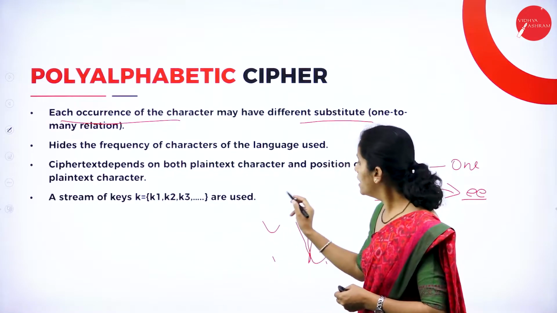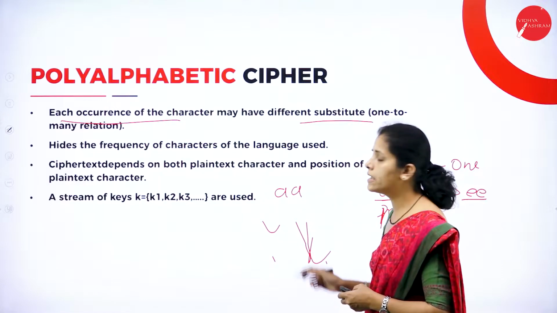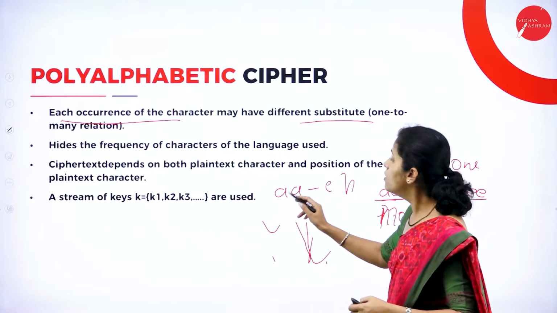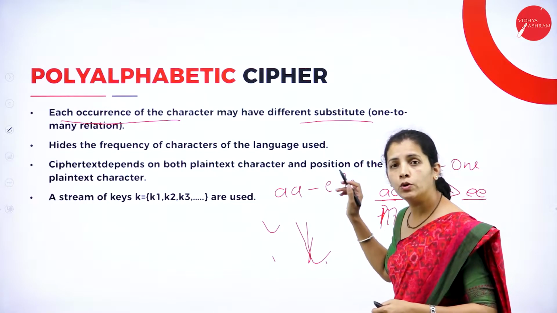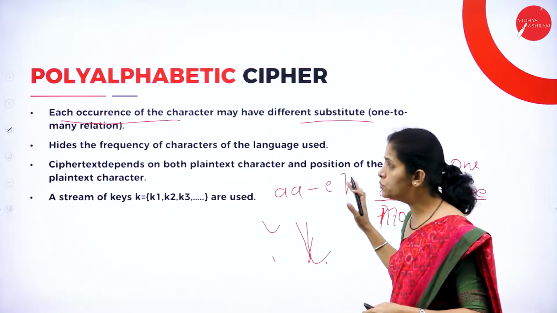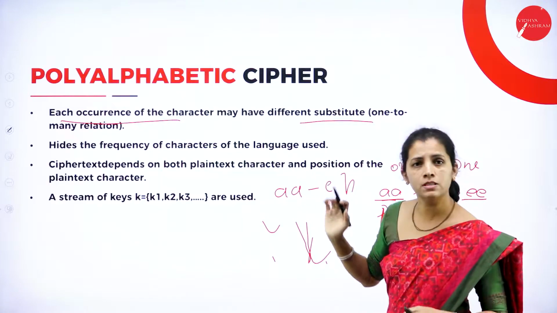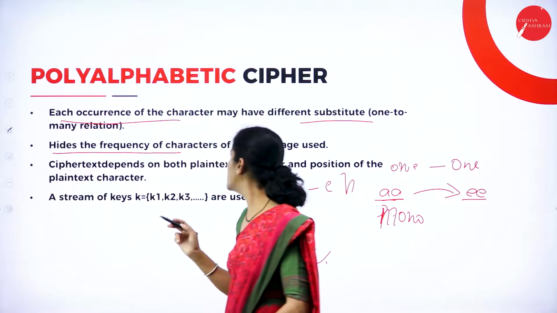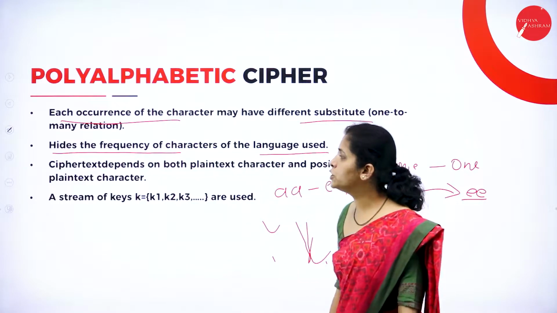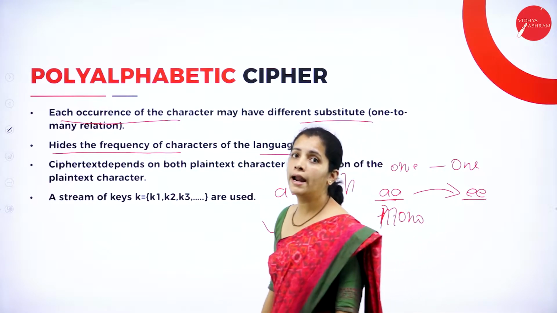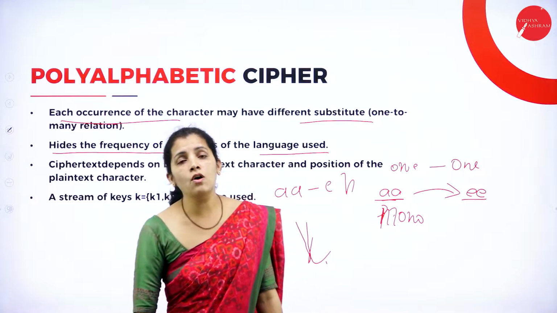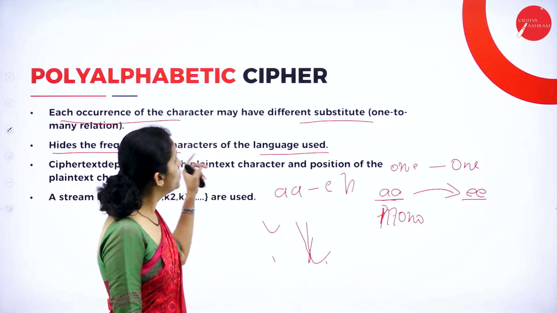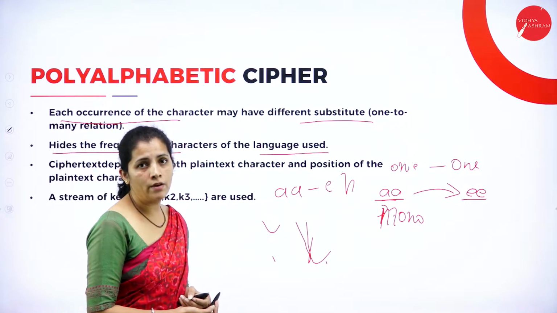For example, if I consider A and A here, I may get E and H. So for each character I'm going to get a different substitution, and it is a random substitution. And it hides the frequency of the characters of the language used. So in order to hide the frequency of any character in the language, we are going to use polyalphabetic.